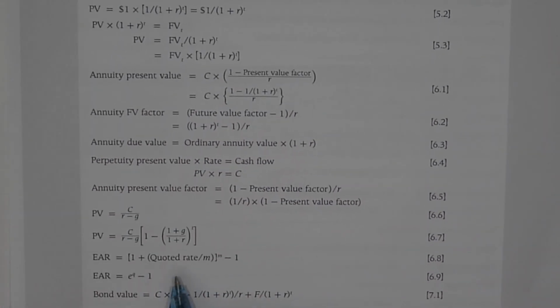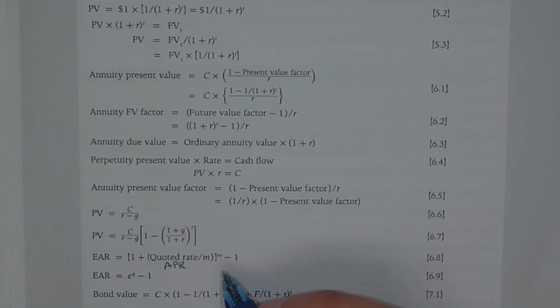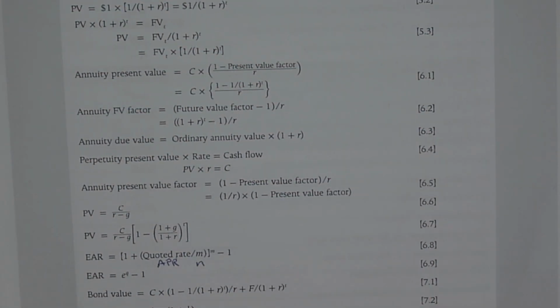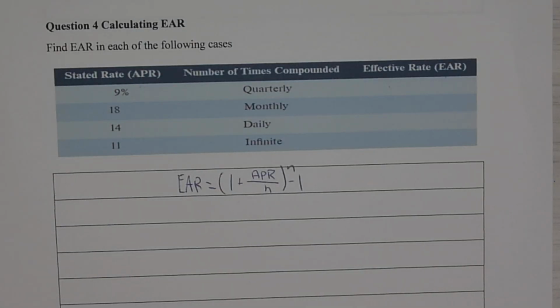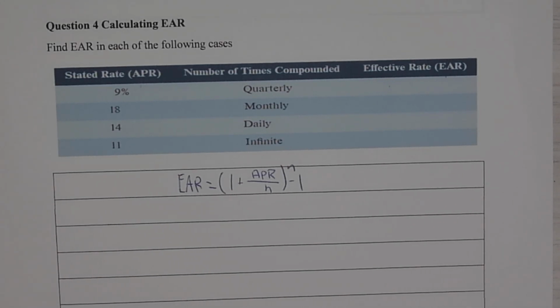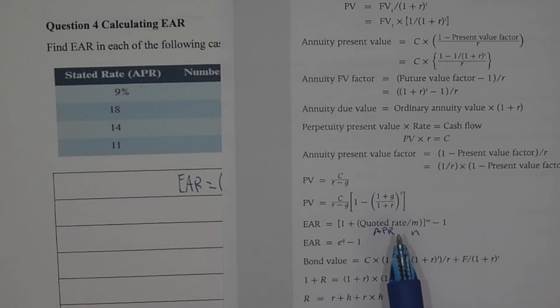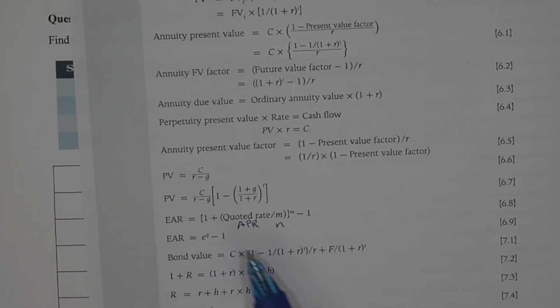Now in this formula sheet, they use the quoted rate, that's APR, and they use M, which we had learned as N. So again, I'm just making those changes here to make it nice and easy. And then once we get to infinite, we have a new formula, the one right below it with this e right here. So that's for infinite.